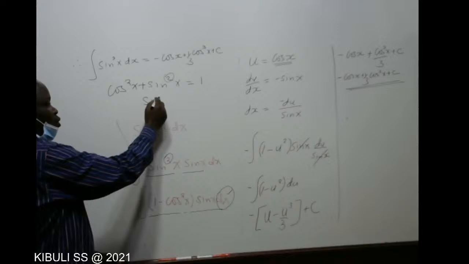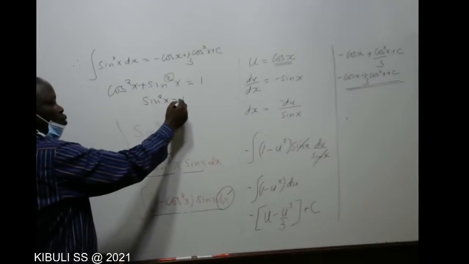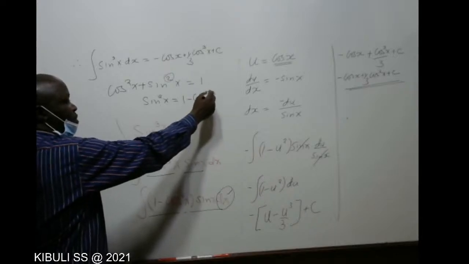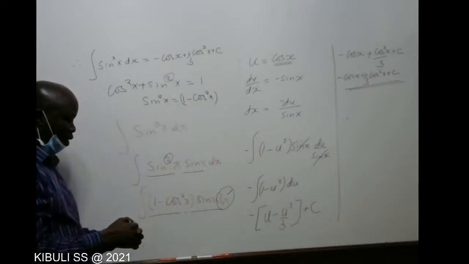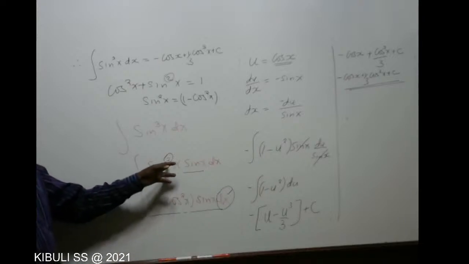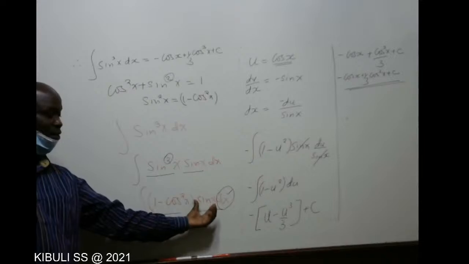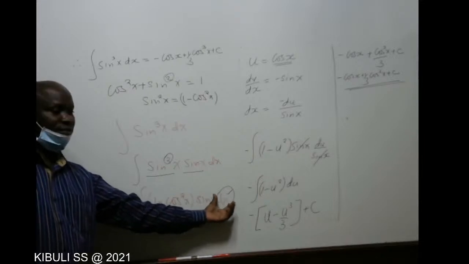Sine squared x is equal to 1 minus cos squared x. This is what I'm trying to substitute: sine squared x is equal to this, then times sine x, which we have here, times our dx.